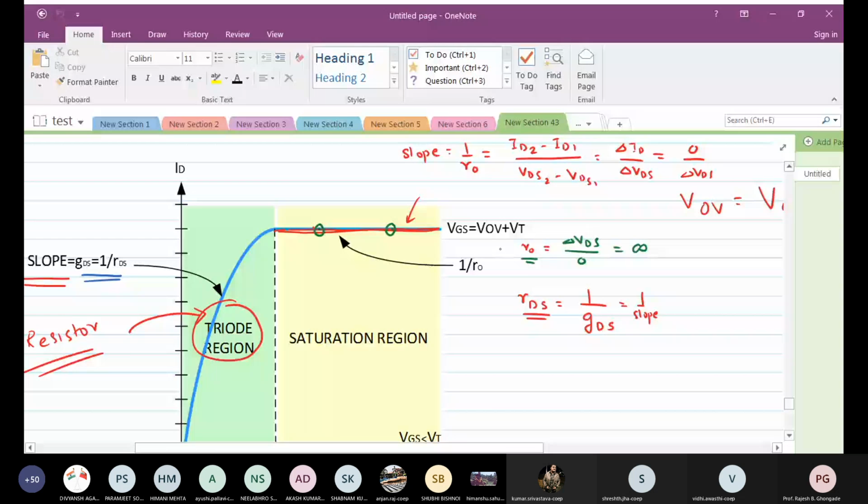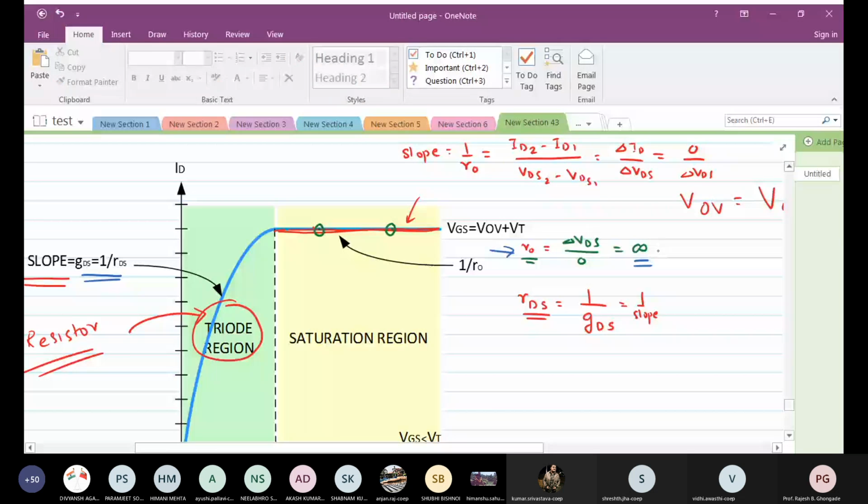Are you able to see the screen? Guys? Yes, sir. So what is the value of output resistance for this ideal device? It is infinite.